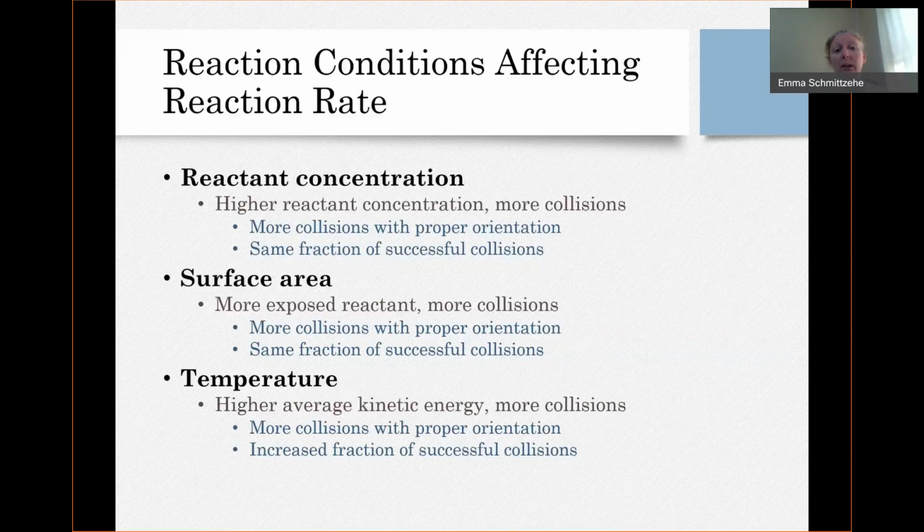And typically the reason a catalyst is going to speed up the reaction is because it helps more collisions collide with the appropriate orientation. Okay. So that's where it helps. It also can change the energy of the intermediate, just because it's a different intermediate. So that's a little bit different. We'll talk about that in another video a little bit later.